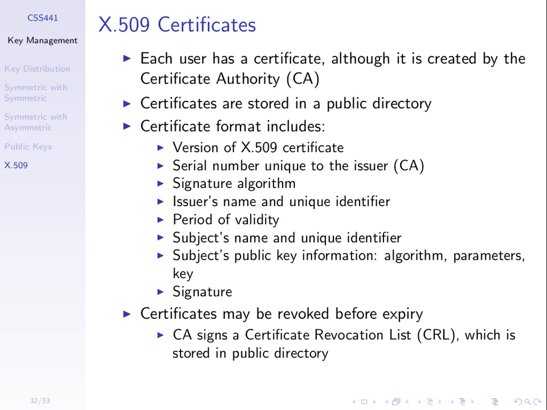And the public key information is included. So what algorithm is the public key encryption using, any parameters for that algorithm, and the actual public key. So the key is the important thing in the certificate. And then the signature. And the signature is the hash of all the data encrypted with a private key. So we'll see through examples what they look like.